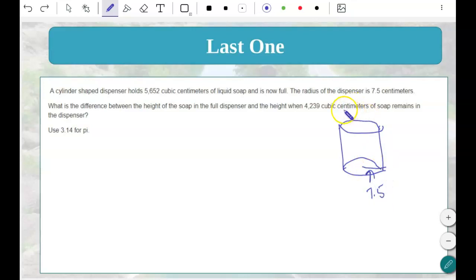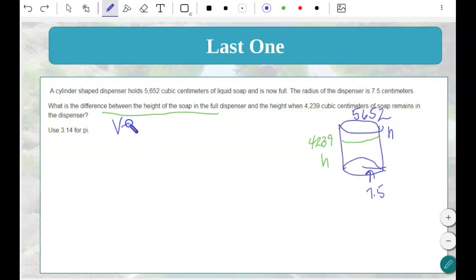The volume is 5,652 cubic centimeters. The other thing they tell us is the volume when some soap has been taken out is 4,239. Same radius. The question is what's the difference in the height of the soap when the dispenser is full and when it's not full? So we are looking for the height when it's 4,239 and when it's completely full.